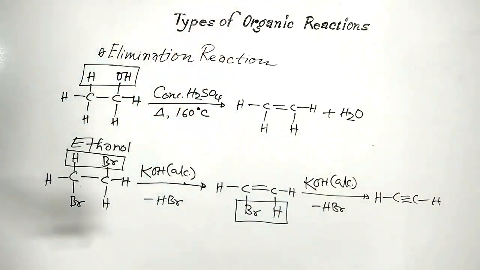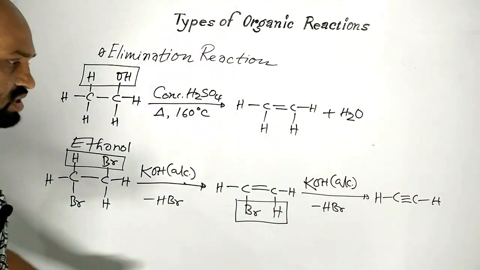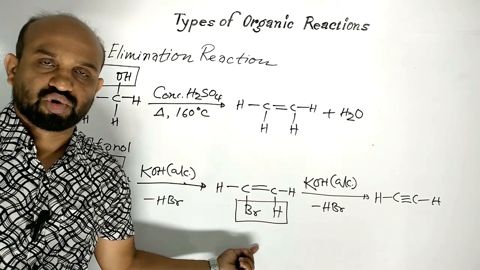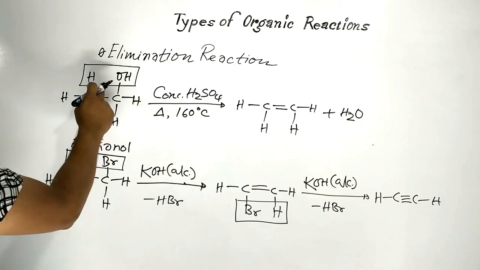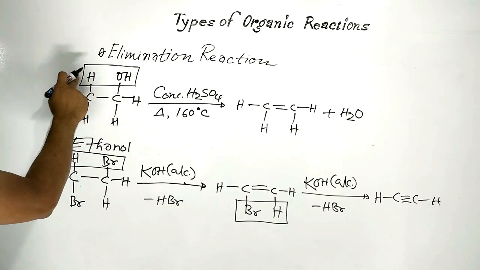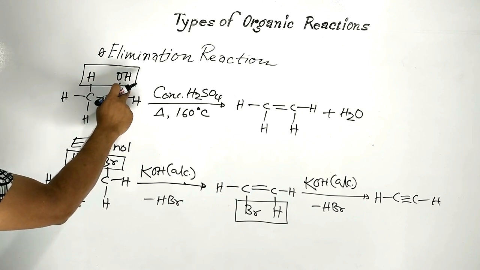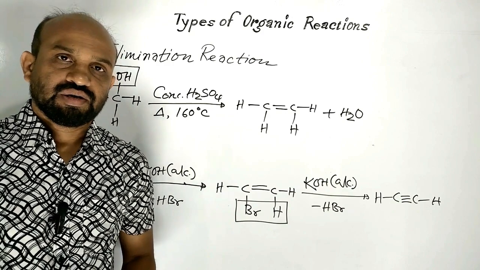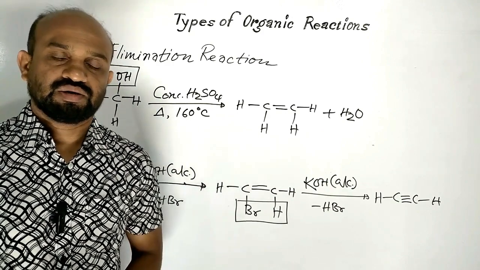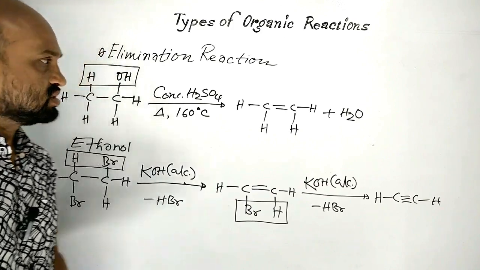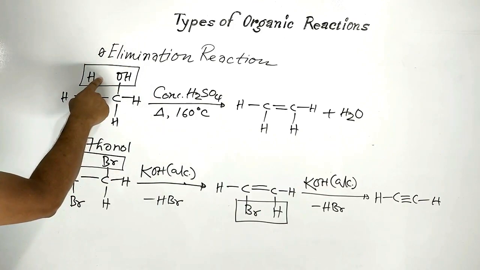After eliminating 4 atoms, 2 hydrogen atoms and 2 bromine atoms, but in the ethanol case 2 atoms or radicals, 1 hydrogen atom and 1 hydroxyl group.